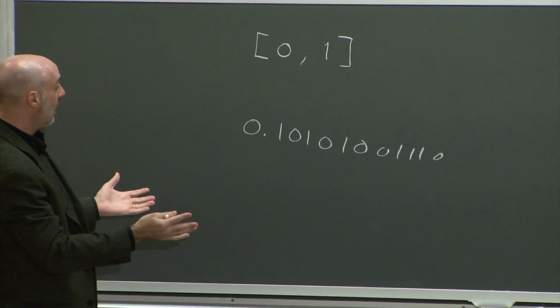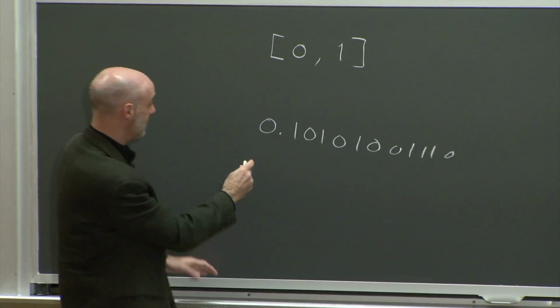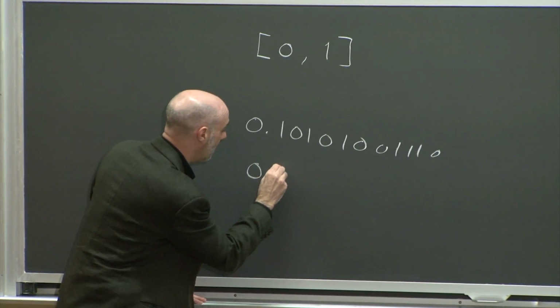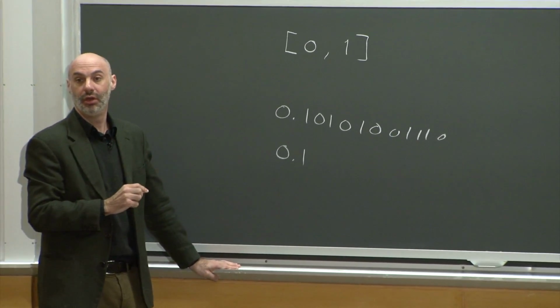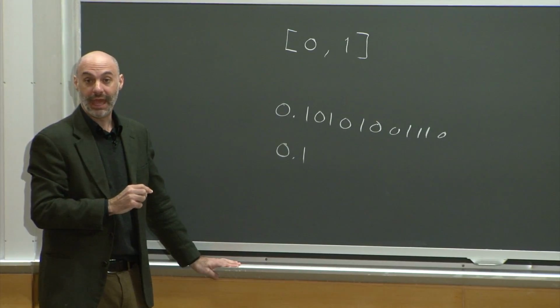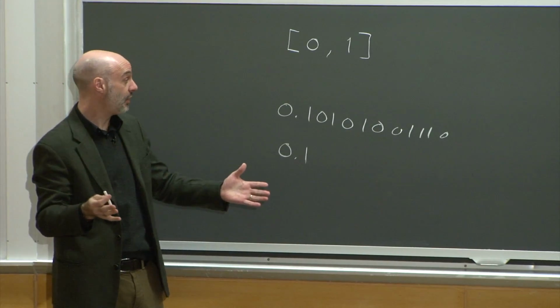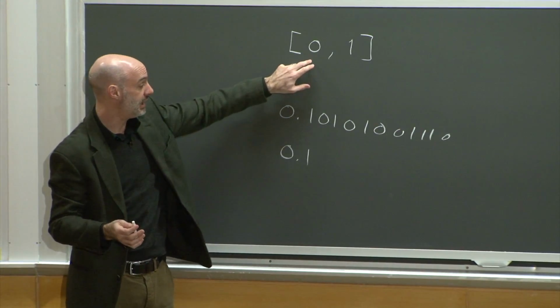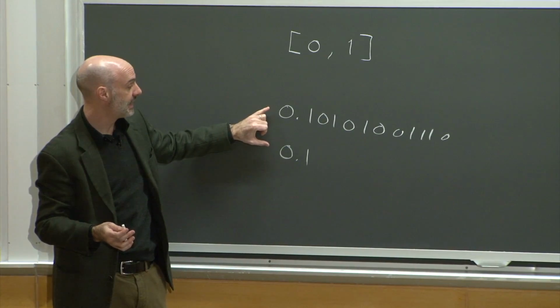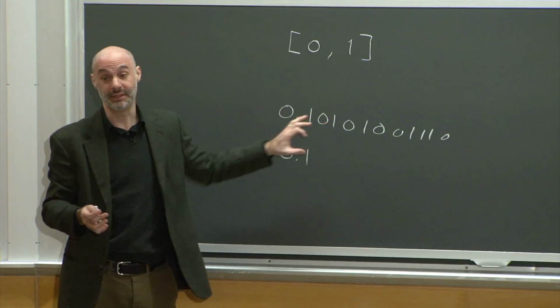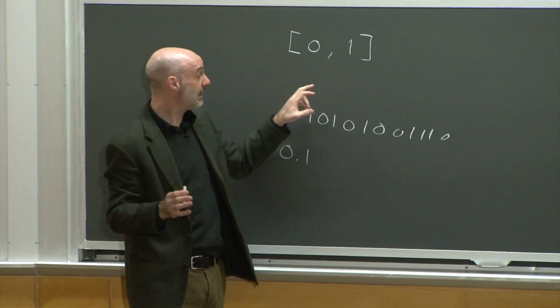So for example, 1/2 using this notation would just be 0.1. And something that's very easy to verify is that every number in here has an expression using this notation. In fact, there are some members in there that have 2 different expressions using this notation. So sorry, that was just glossing your first remark. Go on.